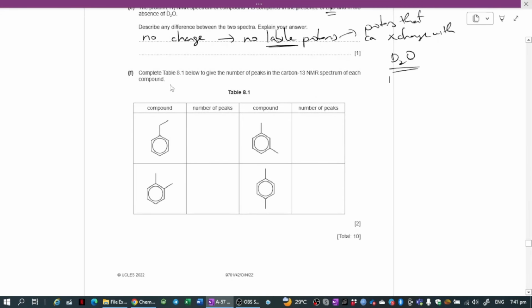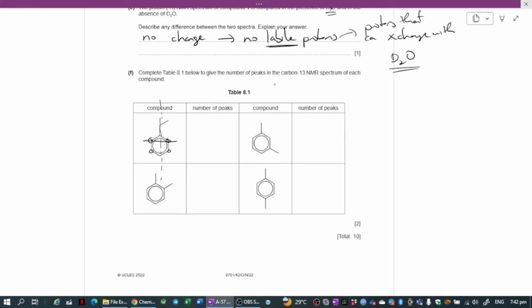Right, and then part F tells us to deduce the number of peaks in the carbon-13 NMR spectrum of the compounds. Now, how do we figure out carbon-13 NMR spectra? What we have to consider is basically symmetry within the molecule. Symmetry within the molecule gives us an idea of which carbons are equivalent to each other or not. So, if we look at this compound here, we can see there is a sort of symmetry line here with the benzene ring, in that this carbon is equivalent to this carbon is equivalent to this carbon.